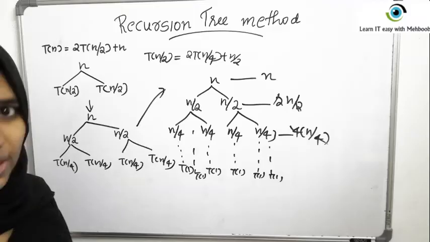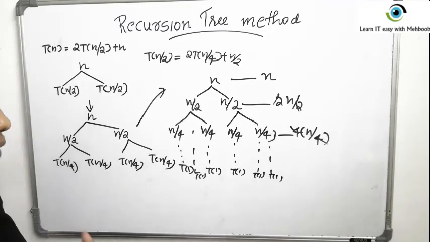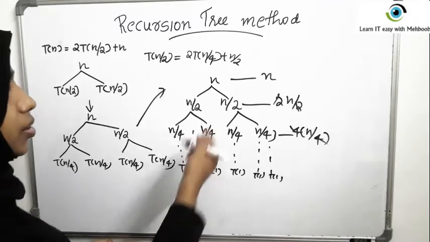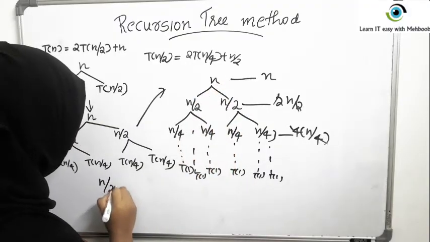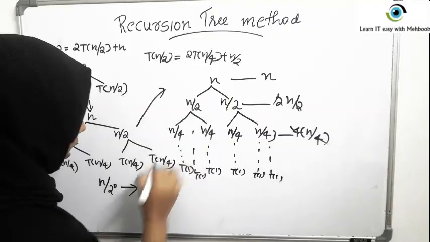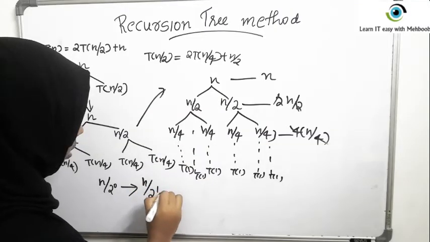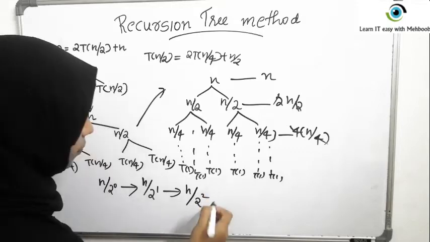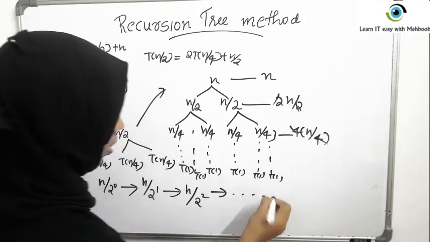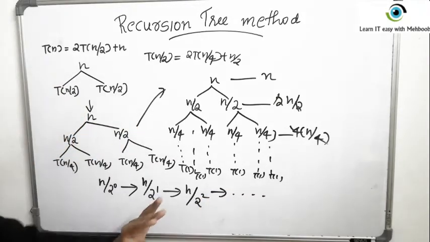Assume that will be pretty easy for you to find out, having done so many examples. So this is n by 2 raised to 0, this is n by 2 raised to 1, this is n by 2 raised to 2, and it goes on like this, isn't it?